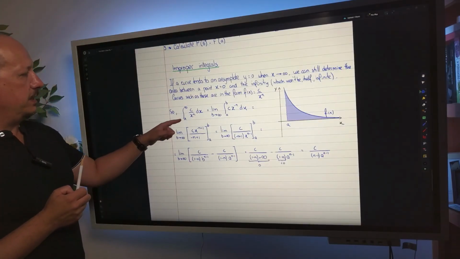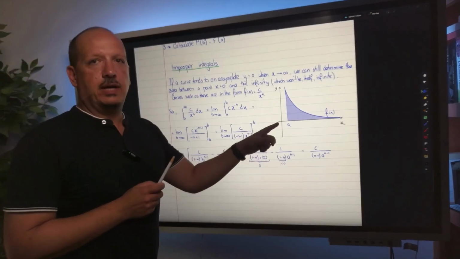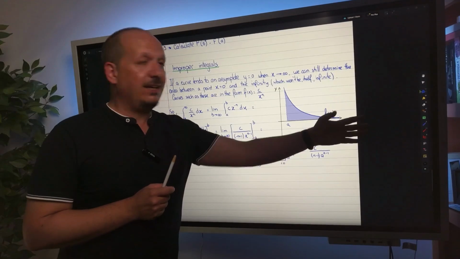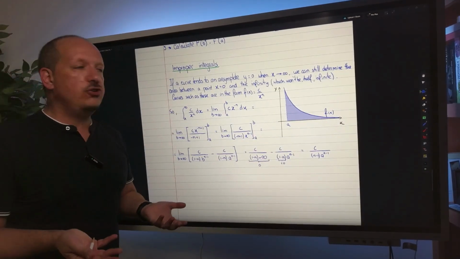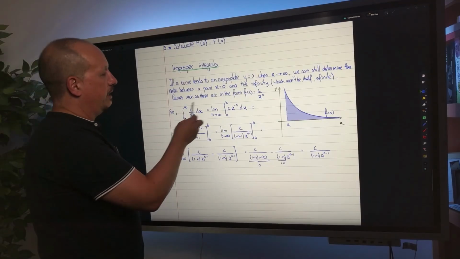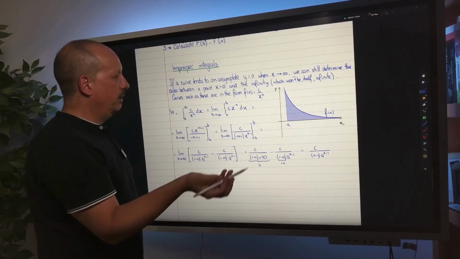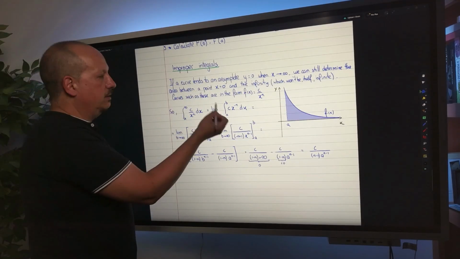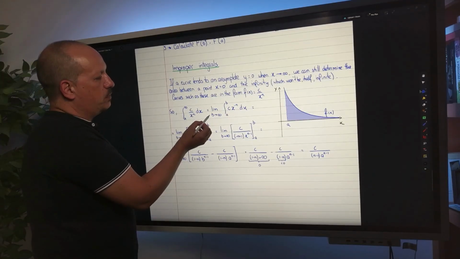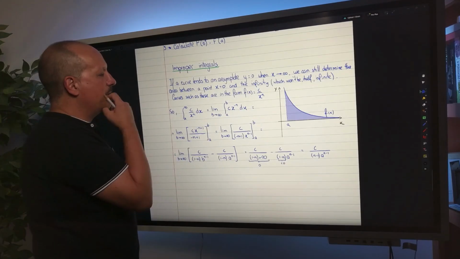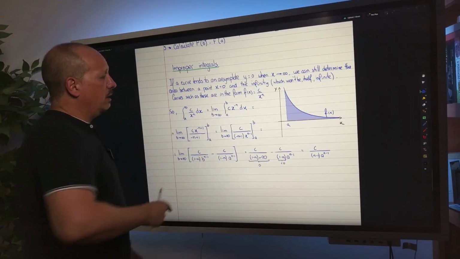And you are basically integrating between point A, whatever A is, and the infinite. But you cannot work with infinites, right? So what is the trick that you use? Instead of infinite there, just put the letter b, for example, and then write before the integral sign, limit as b tends to infinite of the function.